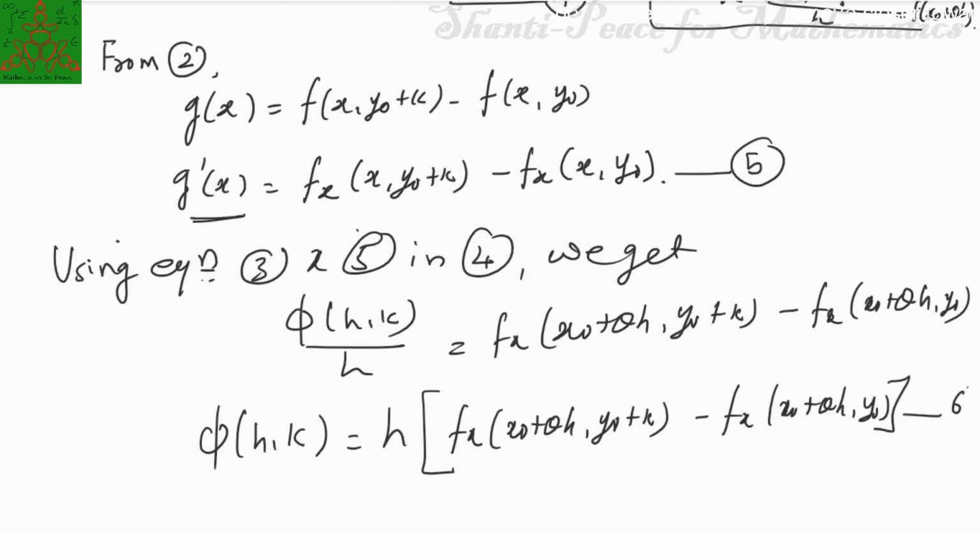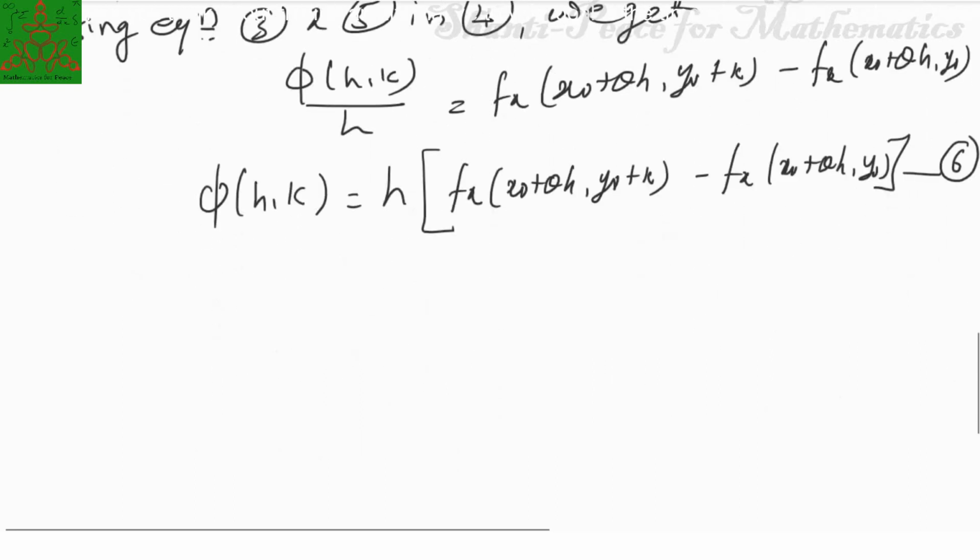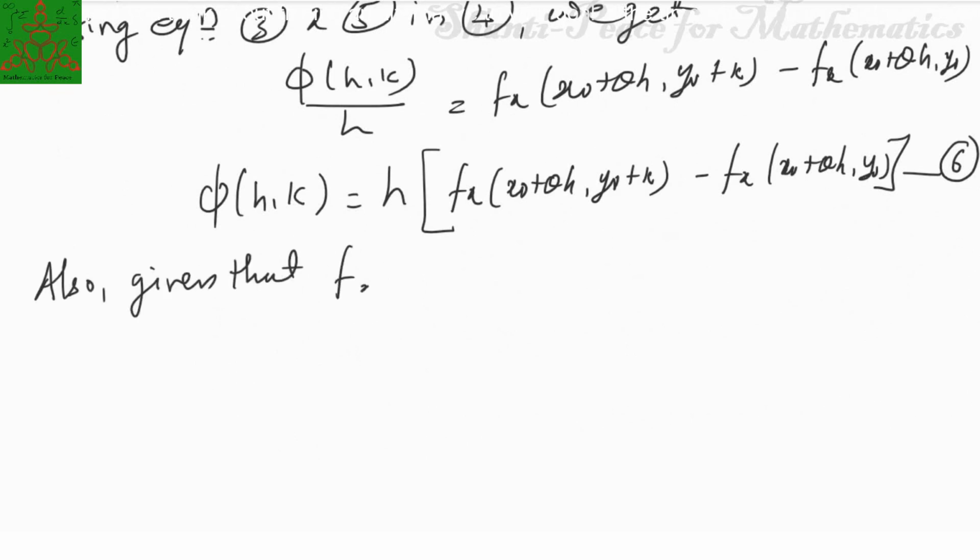and I will call this equation number 6. Now another thing that is given is that f_x is differentiable at (x0, y0). Just recall the definition of a differentiable function.